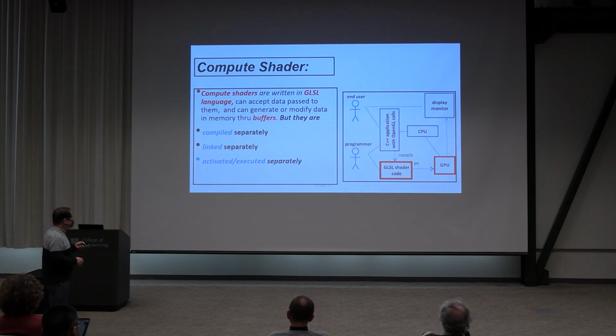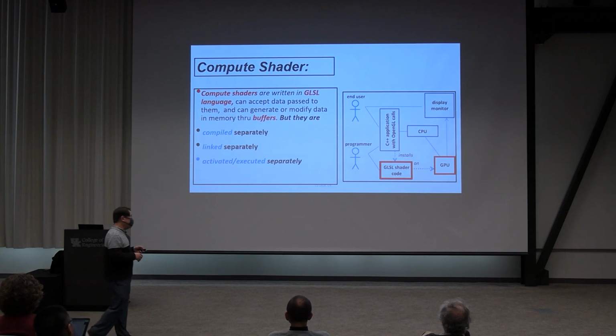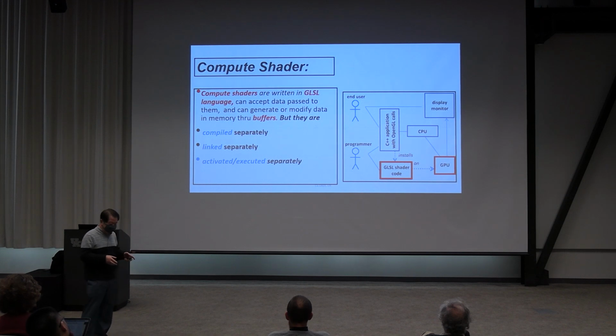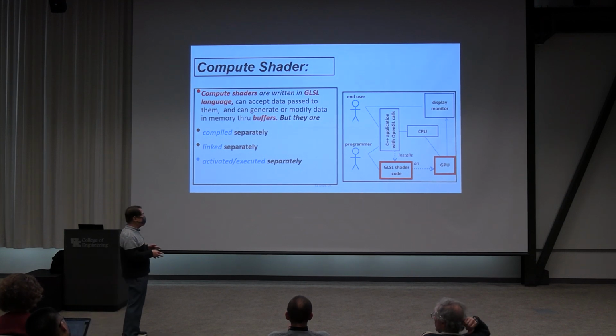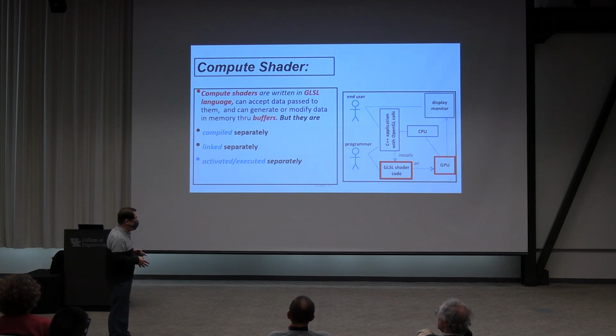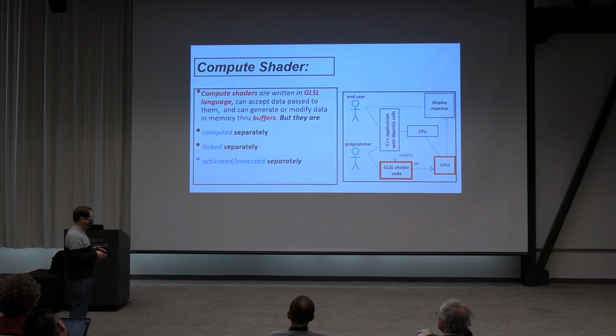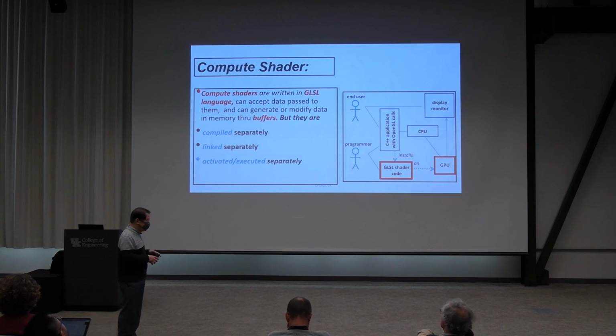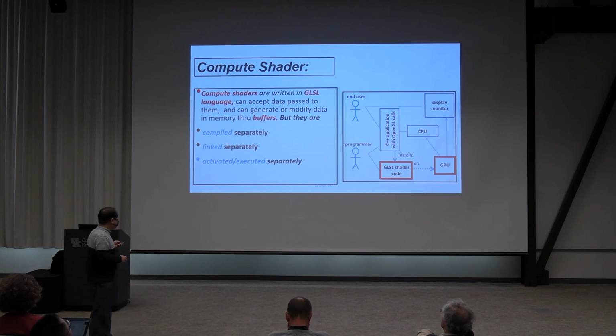First of all, you have to create your compute shader program, your vertex shader program, your fragment shader program, and have those programs compiled, because the GPU doesn't understand C++. It only understands its own language. So these programs have to be written in the language that the GPU can understand, and then compiled, linked, and executed, sent to the GPU so the GPU can execute those instructions.